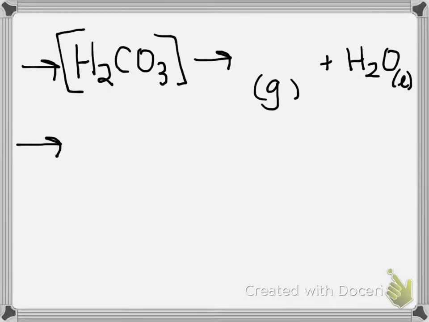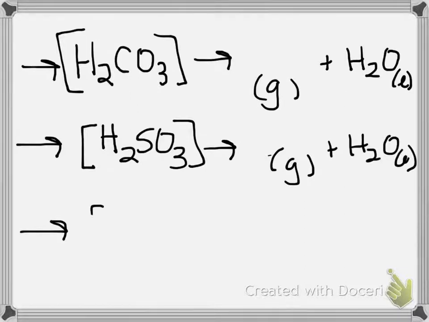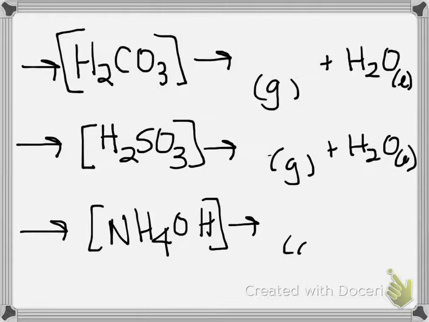We said if you formed sulfurous acid, that would also be metastable. It would further decompose to form a gas plus water. And the same thing was true for ammonium hydroxide. It would react to form a gas plus water.